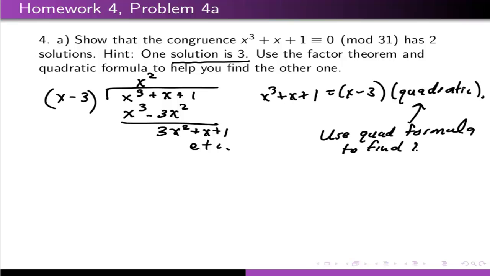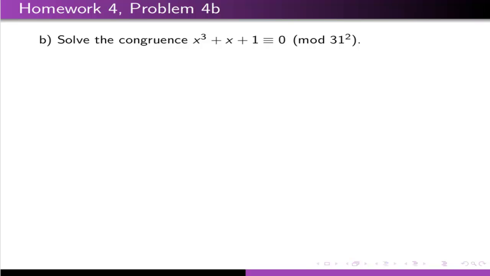Find zeros. Keep in mind the square root means we're doing a square root mod 31 in the application of the quadratic formula.